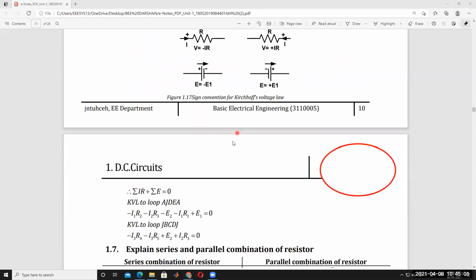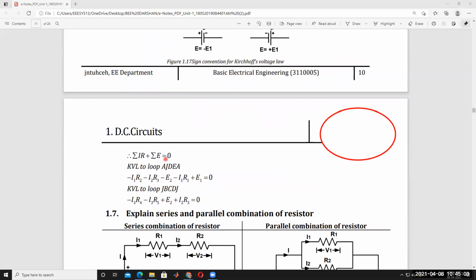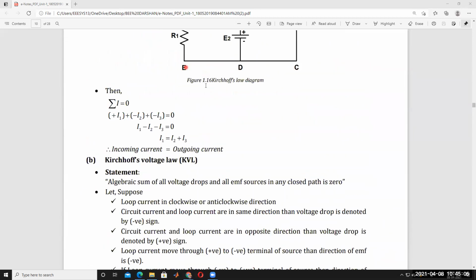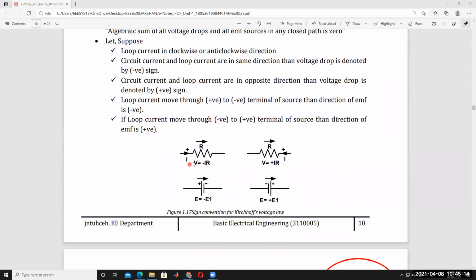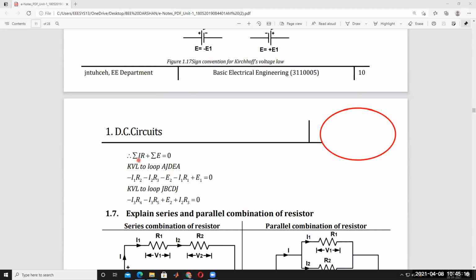The algebraic sum of all the voltage drops and EMF sources in any closed path is equal to 0. That is, the sum of I into R, the voltage drops across the resistors, plus the sum of the source voltages is equal to 0.